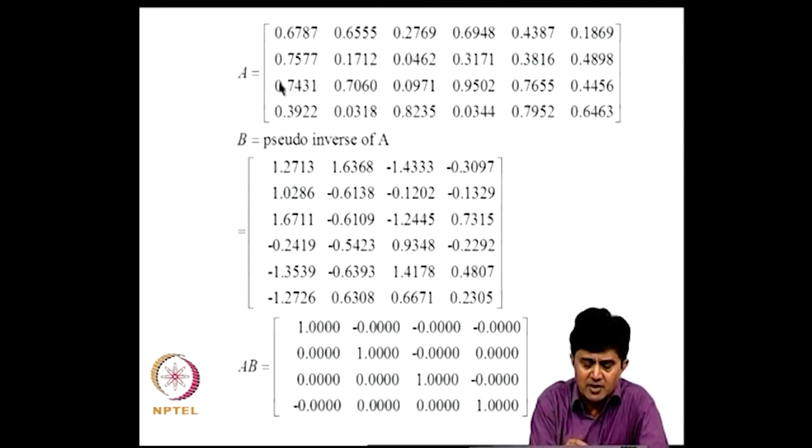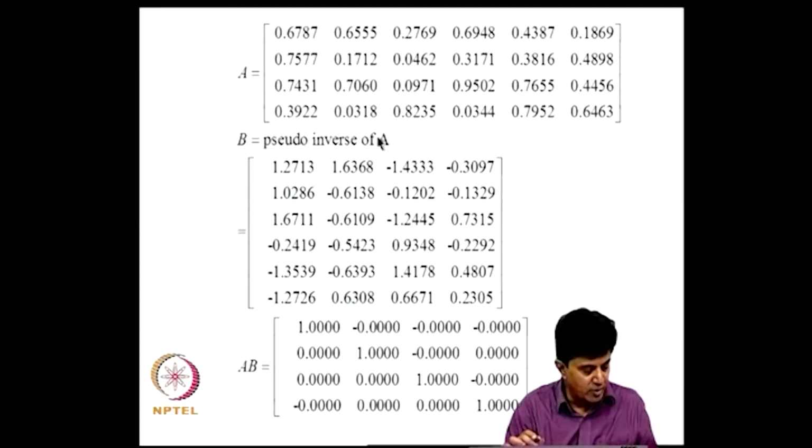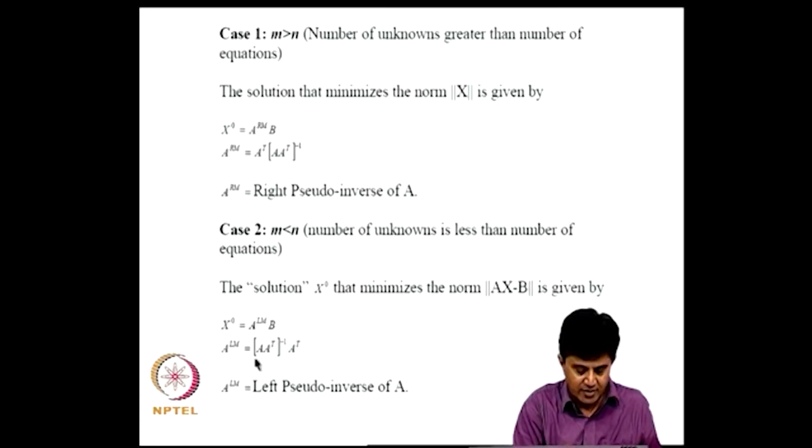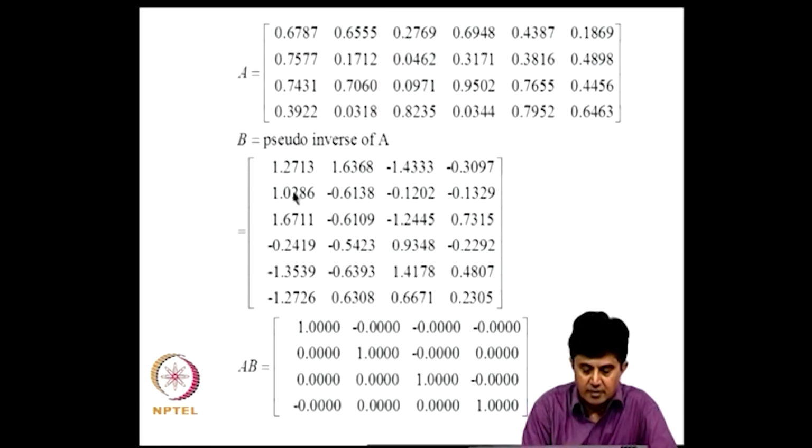A simple example, suppose I consider a 4 cross 6 matrix A and define B as pseudo inverse of A. So, I will use these definitions and compute the pseudo inverse. B is computed like this. Now, if I multiply A and B, I get an identity matrix. So, in that sense B is a pseudo inverse of A. Although this matrix is not a square matrix, I am able to define another B matrix, so that AB is an identity matrix.